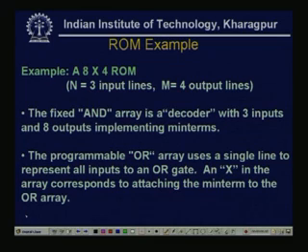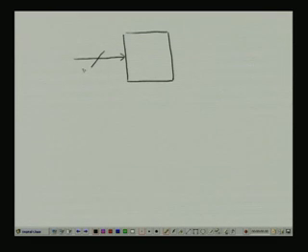So, if we see one memory, it has 8 address lines and a 4-bit content output.